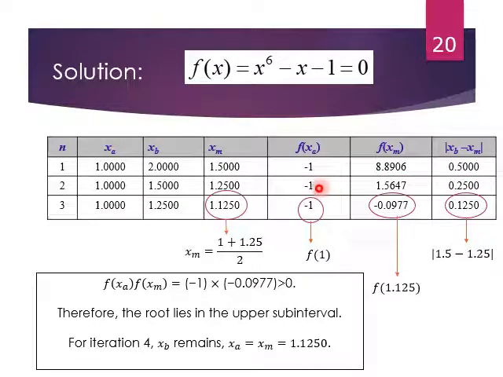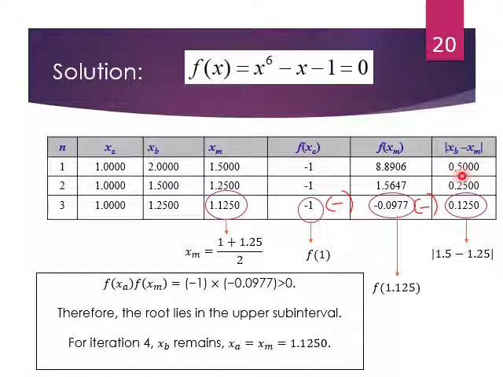Since in iteration 2, f(xa) times f(xm) is less than 0, we choose the lower subinterval. So the new interval is xa remains 1, xb equals xm, which is 1.25. We repeat the process: we find the midpoint, and we get 1.125. Evaluate the function at point xa, you get a minus sign. At the point xm, you also get a minus sign. Then calculate the error.